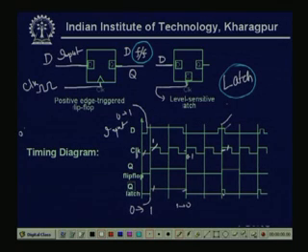Then only it changes, see this position. That means, I can write in this way. See here, this data changes from 1 to 0.